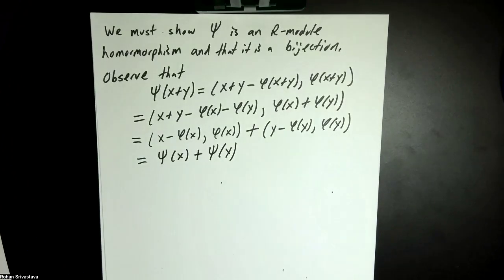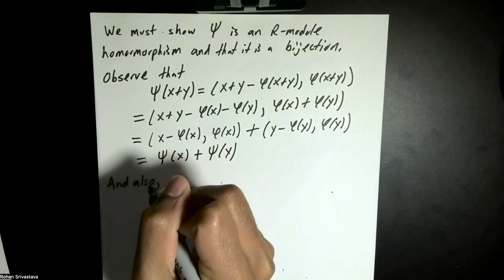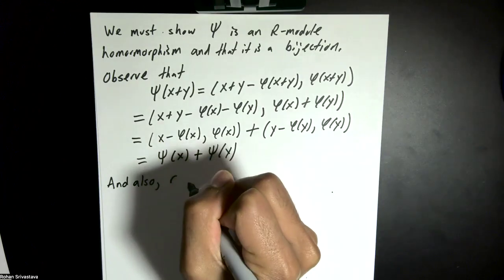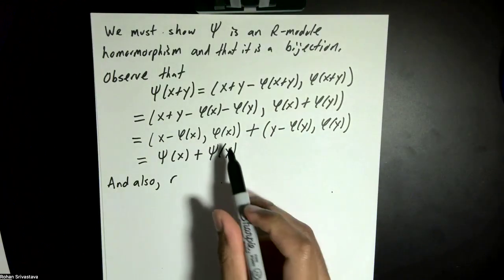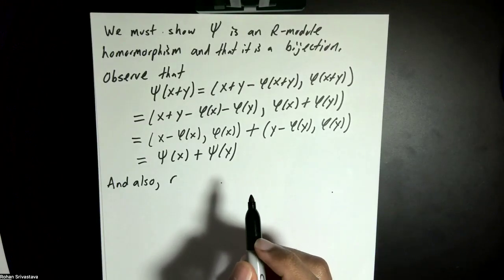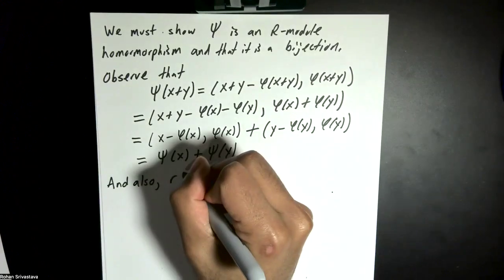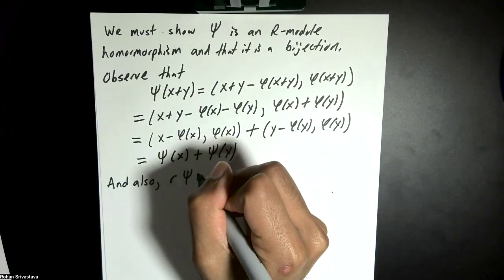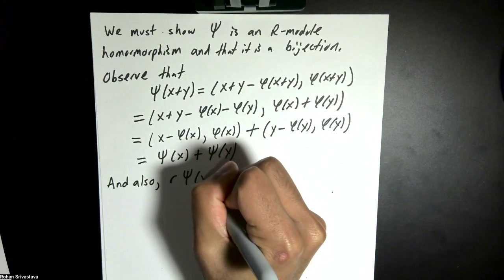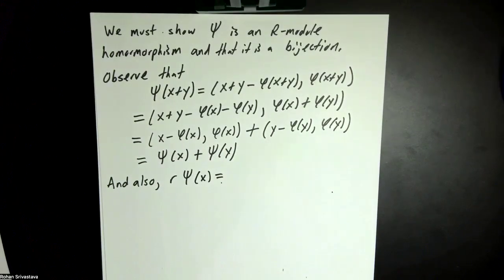Okay, so we have that psi is an additive group homomorphism, but the other thing we need to check, and this should be quantified for all x and y in M, is that for any r in R and x in M, r acting on psi of x ought to be the same as psi of r acting on x.